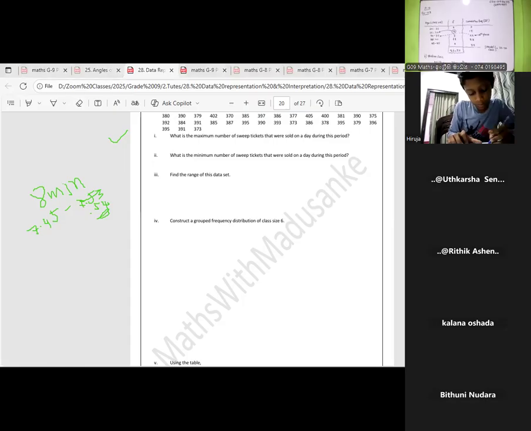You need to make sure that you have a close gap frequency table.